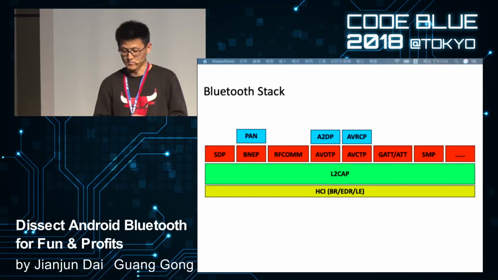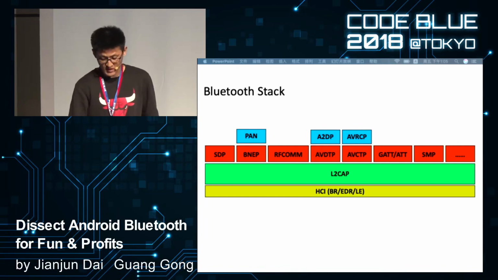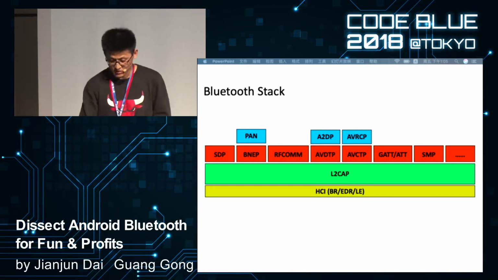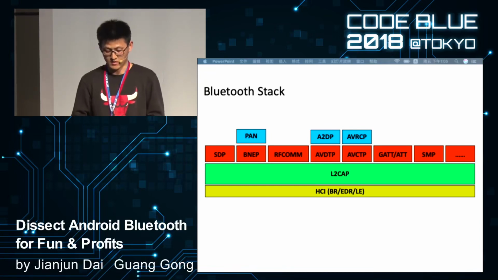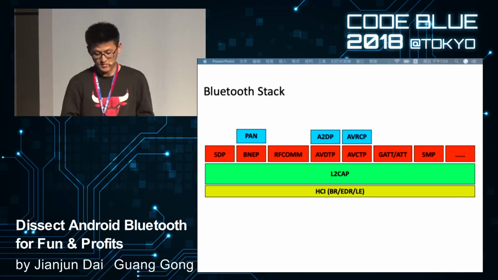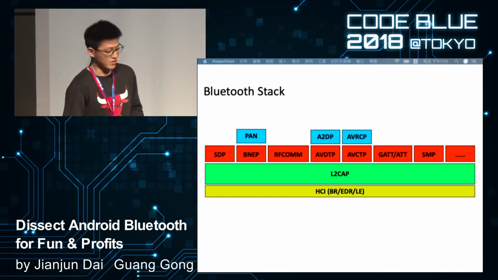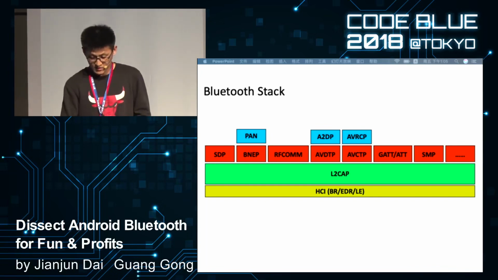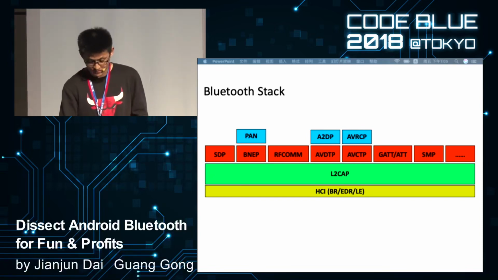The Bluetooth stack is much like the TCP/IP stack. Standard layered architecture. HCI is the lowest layer. It supports 3 transmission modes: basic rate, enhanced data rate, and low energy. It is implemented in HIDL by manufacturers.